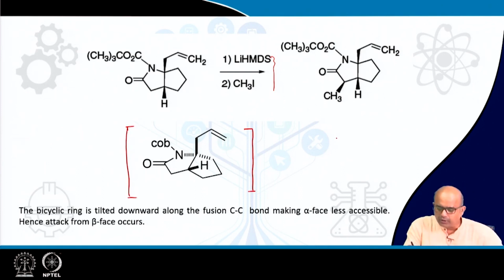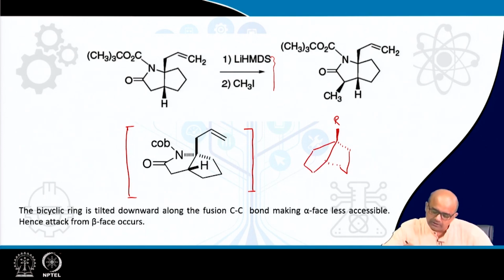This kind of drawing you can easily practice at home. You first draw the fusion bond, and as the relative stereochemistry was given, you might have a hydrogen, you might have an alkyl group. Then you put these things this way, and the cycloheptane, as it is an envelope, you can put in this kind of structure, and you have another hydrogen as the ring junction here.